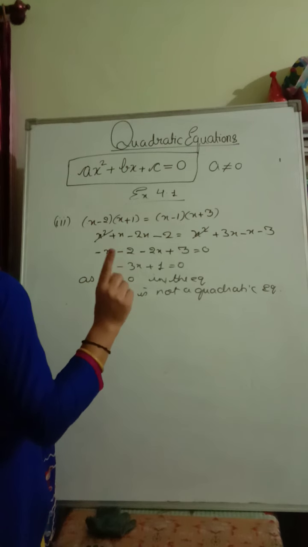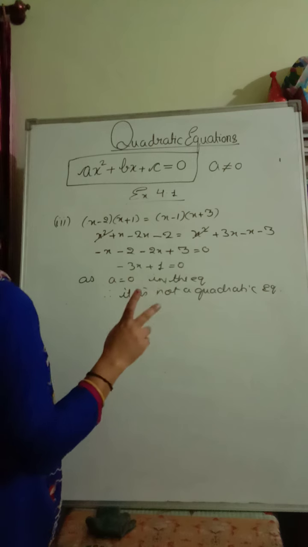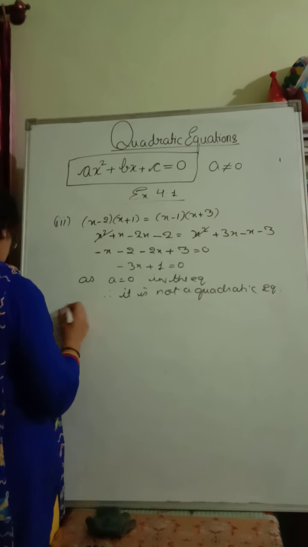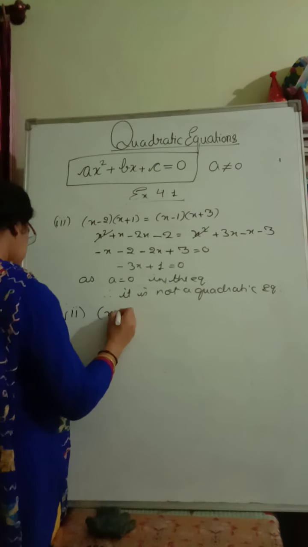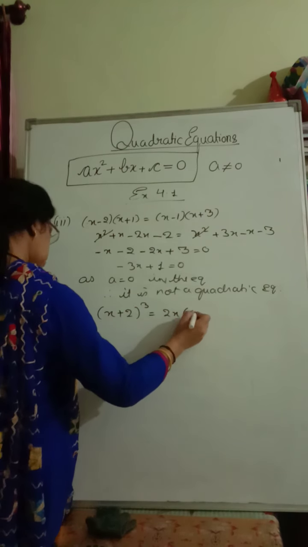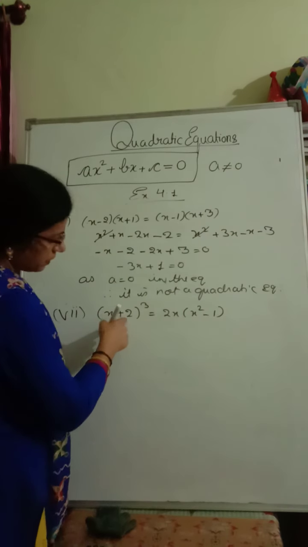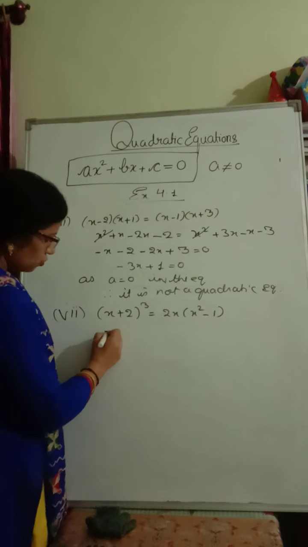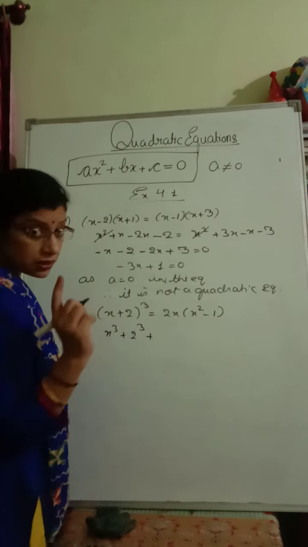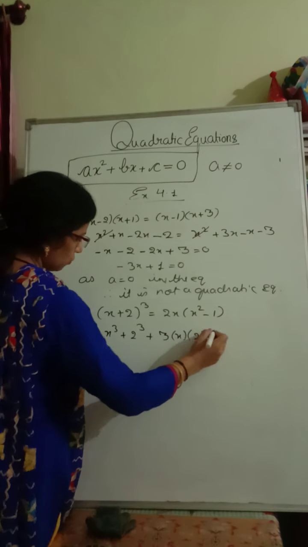Let me show you. The rest of the parts you will do yourself. I am telling you the 7th part. Let us see what the 7th part is. x plus 2 whole cube is equal to 2x into x minus 1. Let us solve it. (a plus b) whole cube equals a cube plus b cube plus 3ab into (a plus b).